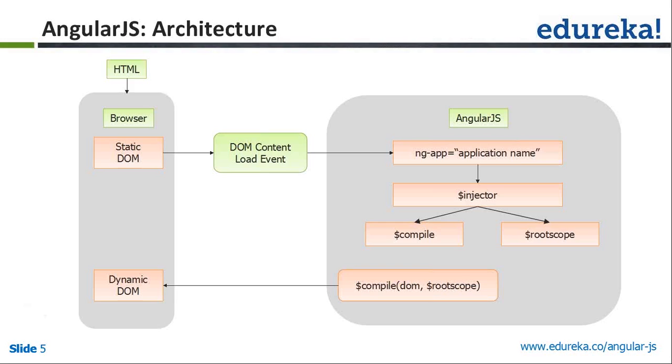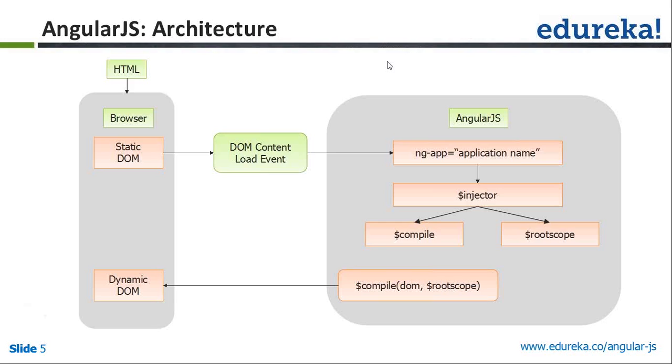Once it finds it, it considers the whole page an ng application. For example, if you include ng-app in your body, whatever you have inside that body will be an AngularJS component. It will be rendered as AngularJS directives and filters. This is how AngularJS works.